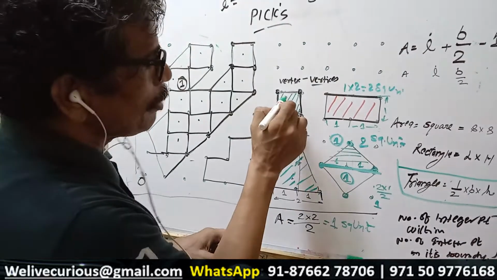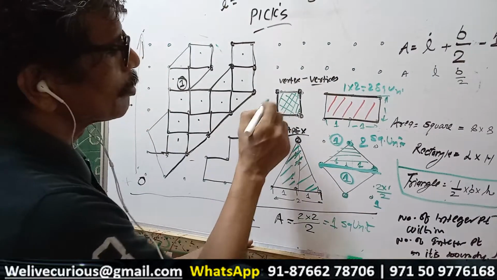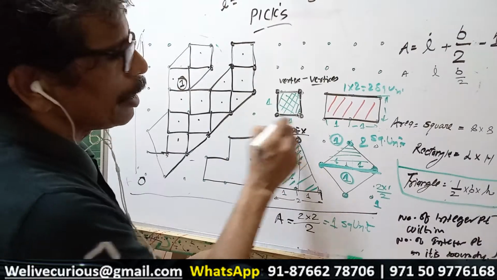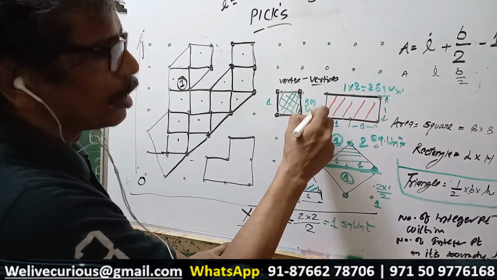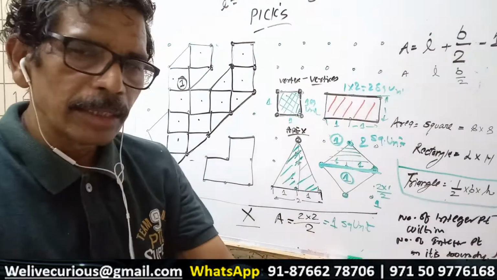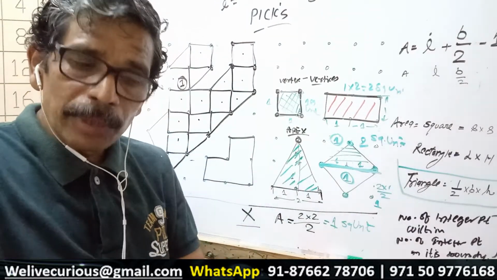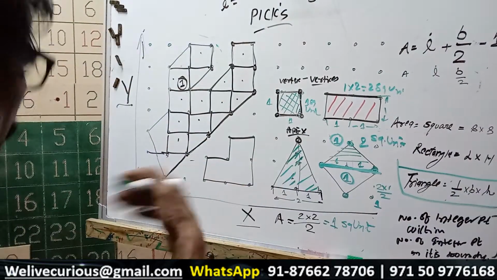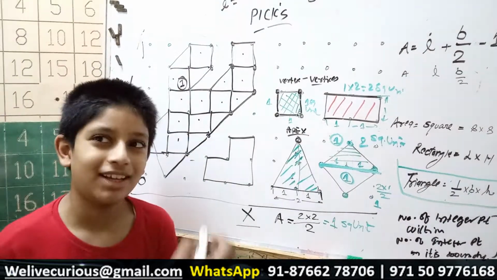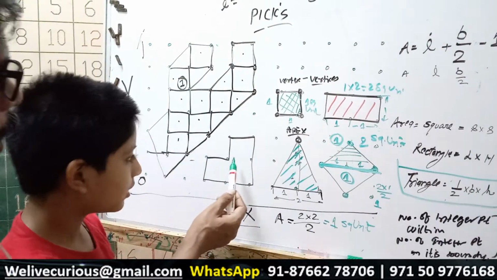Fine. Can you tell me the area of this one? It's simple. 1 and 1. So area is 1 square unit.